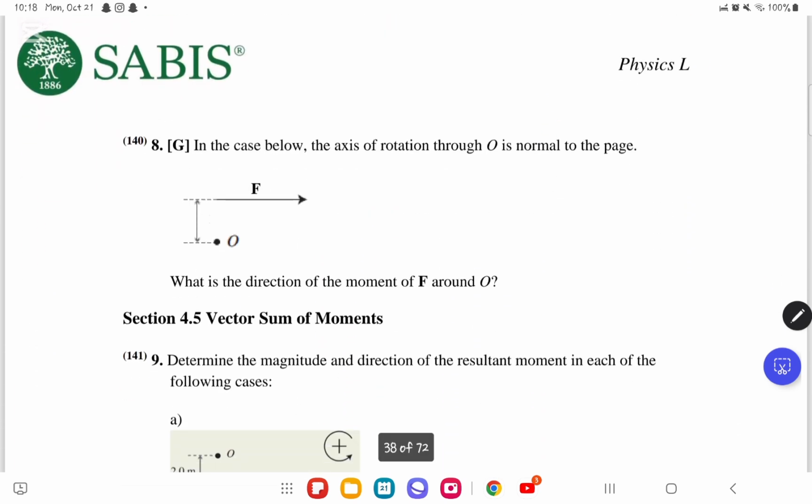Now question number 8. We need to know the direction of the moment of F around O. To do it, we're going to use the right hand rule. We put our right hand, our fingers pointing to the right in the direction of where the arrow is pointing, and our palm pointing downwards towards the axis. And so then our thumb will be pointing inside.